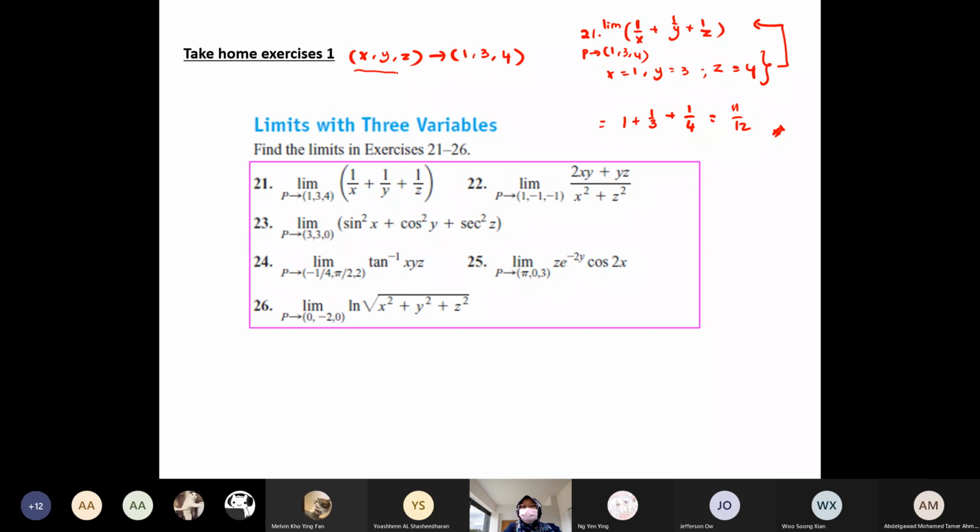So this is the arrangement, x, y, and z accordingly. When you substitute, this is for x, this is for y, and this is for z.